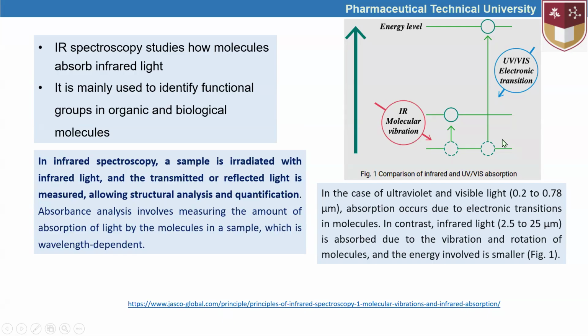Let me remind you that in UV spectroscopy, electrons jump from the ground state to an excited state, so that the absorption of various bands of the UV or visible spectrum occurs.